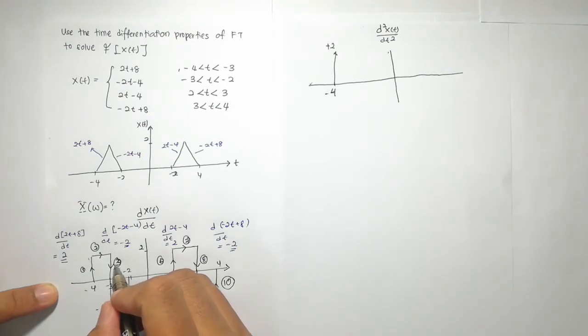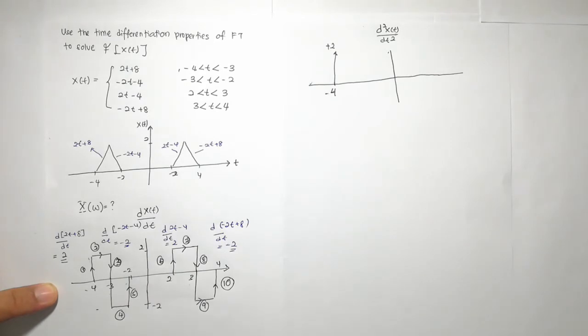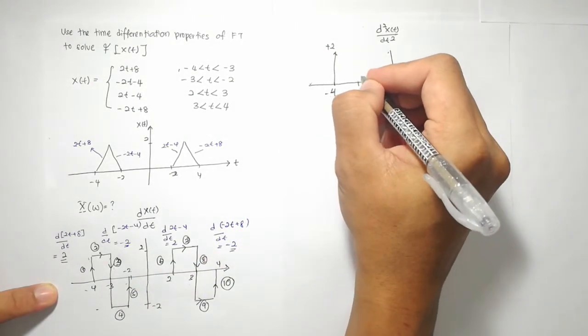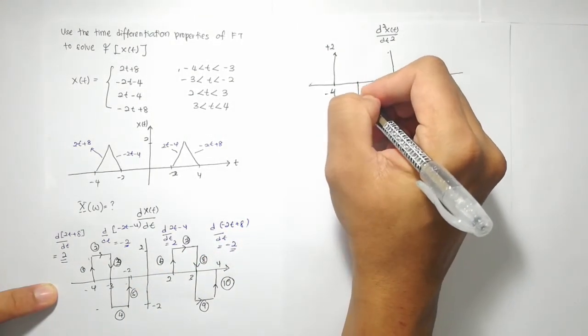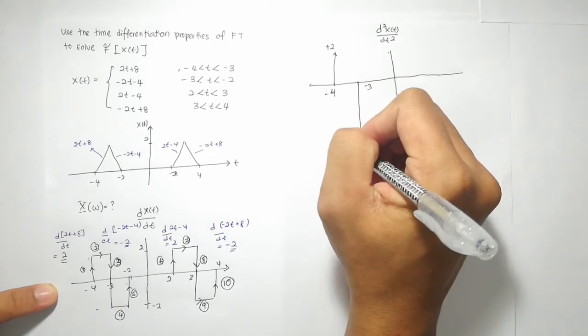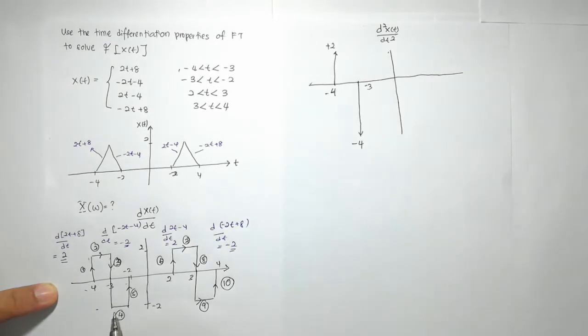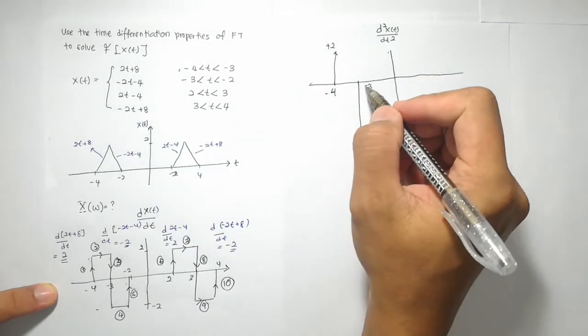For part 3, we go down from 2 to negative 2, which means the distance is 4, so the amplitude is negative 4. For part 4, which is negative 2, differentiating gives 0.